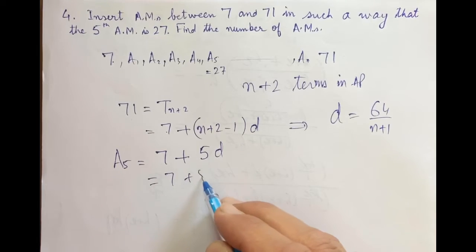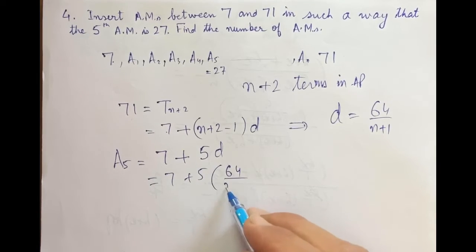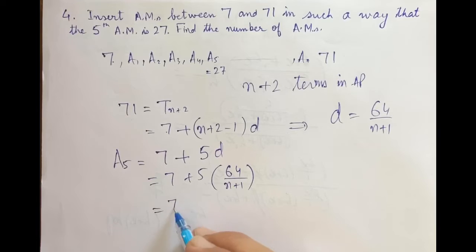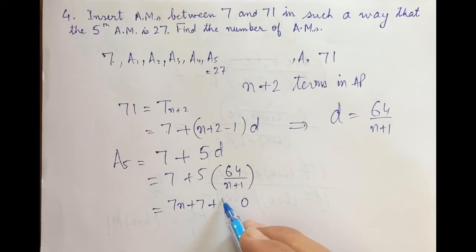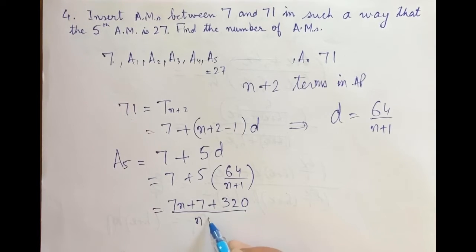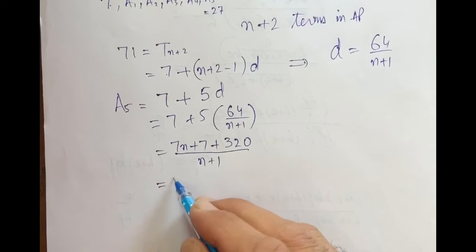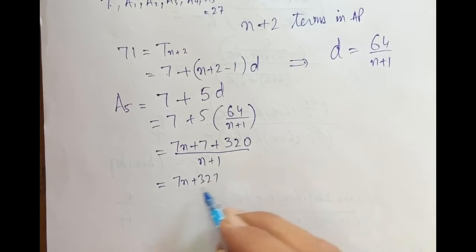It's 7 plus 5 times 64 upon n plus 1. It's 7n plus 7 plus 320 upon n plus 1. This is 7n plus 327 upon n plus 1.